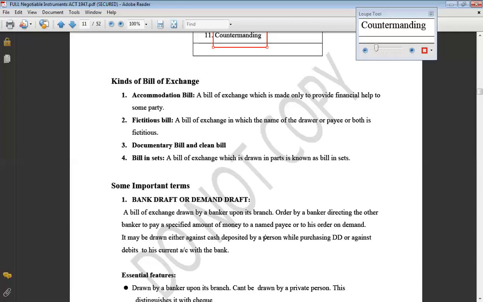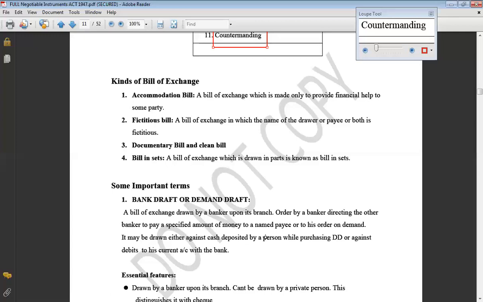So in that case, you can send the same bill of exchange in 3 copies, having the number and a mention of the other 2 sets also, through different posts or different couriers, so that at least any one of them will reach the person. If that person gets 1 copy, then he can use it for further transactions.